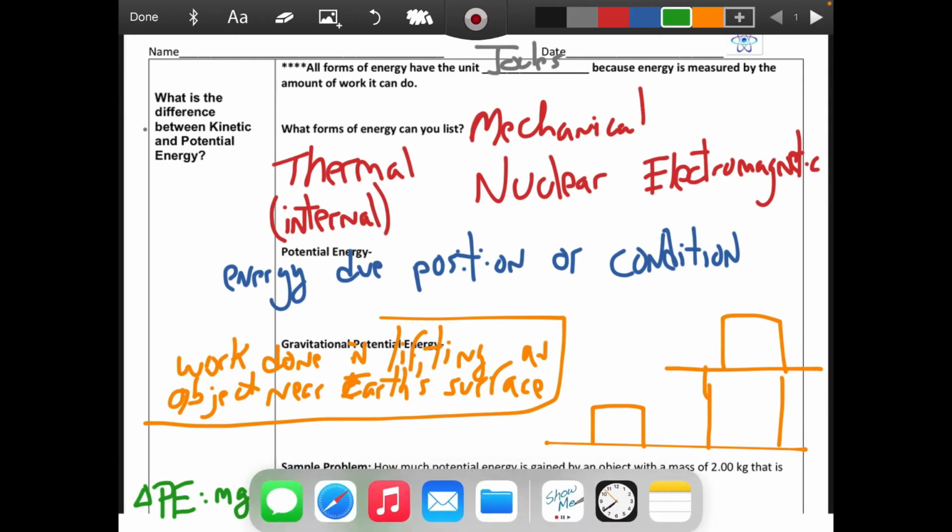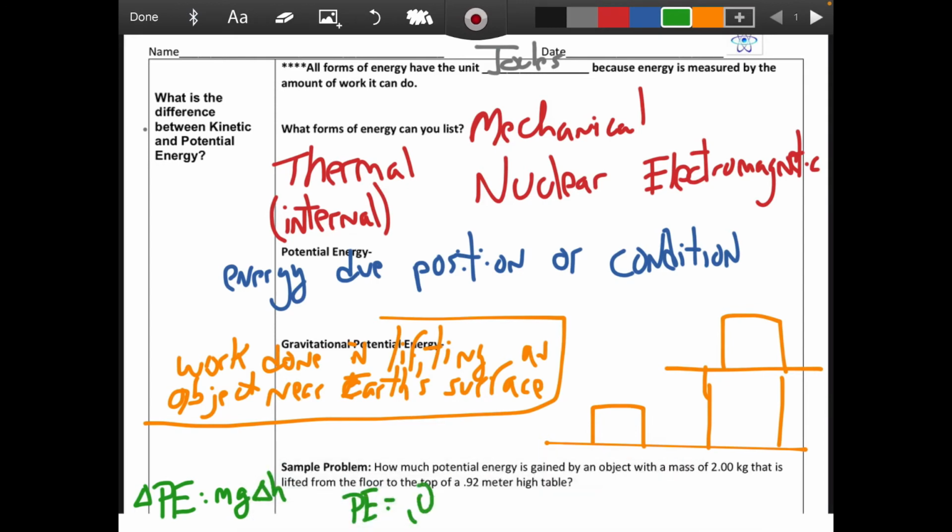We got a 2 kilogram object. We know acceleration due to gravity is 9.81 meters per second squared. And we're lifting it up to a height of 0.92 meters. And multiply that out. And this object gains 18 joules of potential energy by lifting it up to that new height.